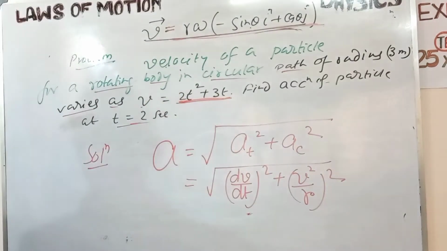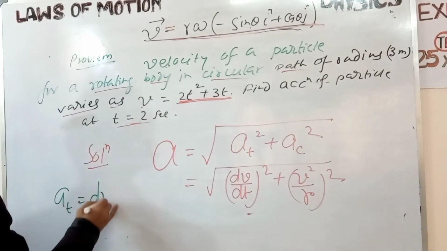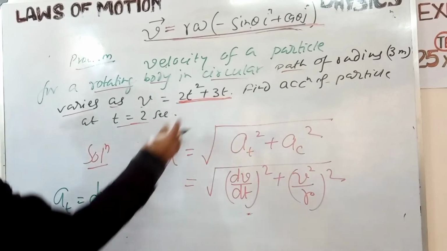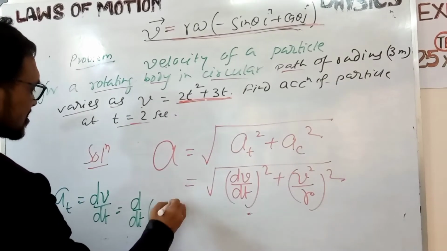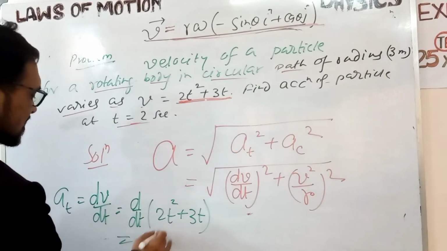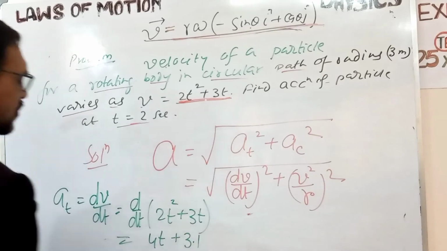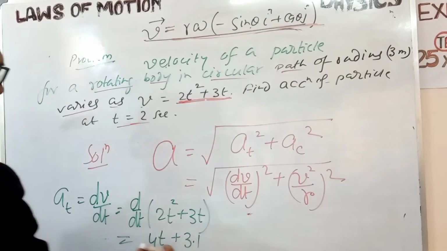Now what is at? At equal to dv by dt, which is d by dt of t square plus 3t, which is equal to 2t plus 3 into 1. You know the derivative. So this is 2t plus 3.